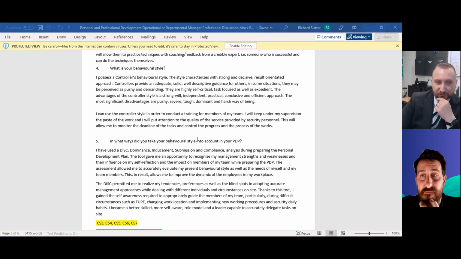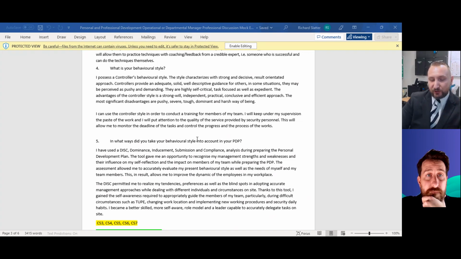I believe it's both, but my personality actually reflects perfectly the description of the controller style. Reading about the controller style, I could find a lot of analogy to myself.